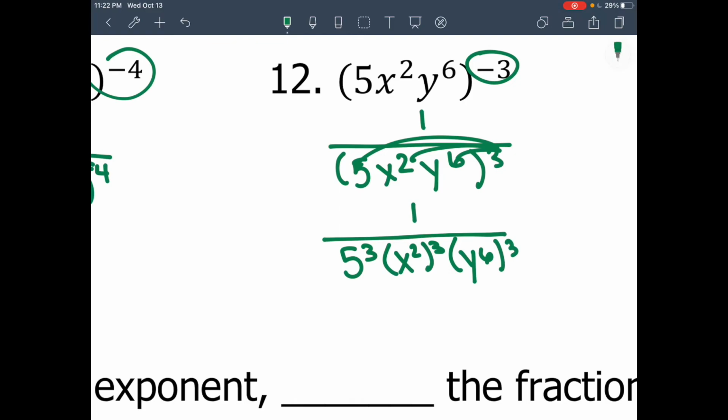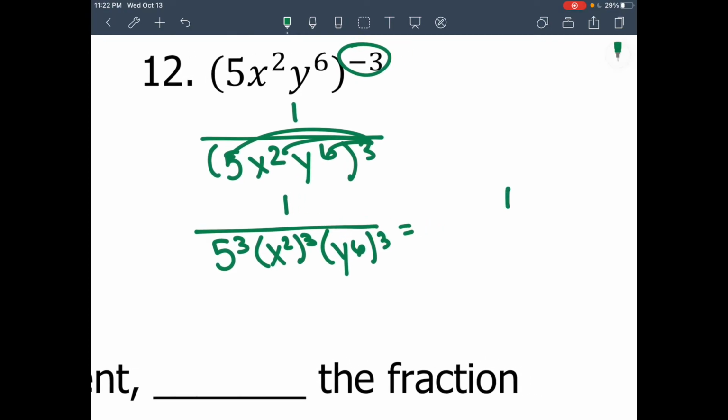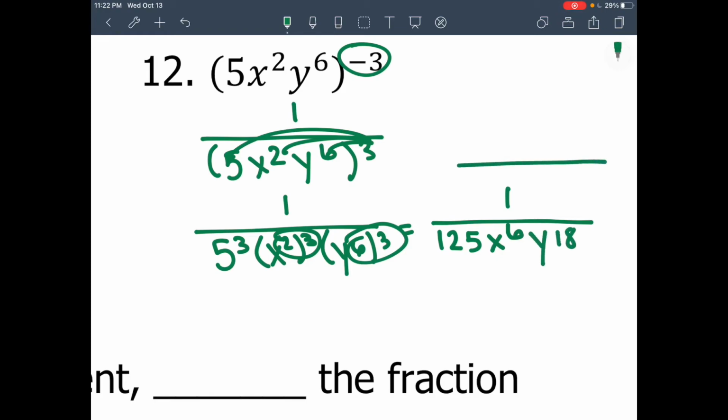So 5 cubed is 125, so 1 over 125, and then x squared cubed would be 2 times 3 is 6, so x to the 6, and then y to the 6 cubed would be 6 times 3, which is 18. So y to the 18.